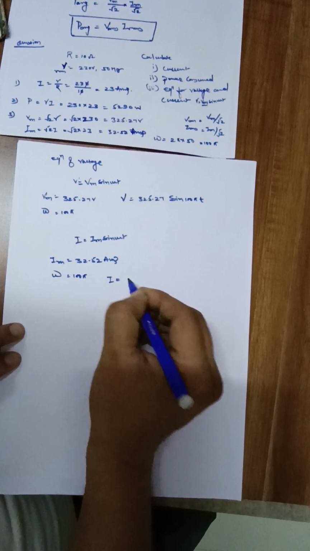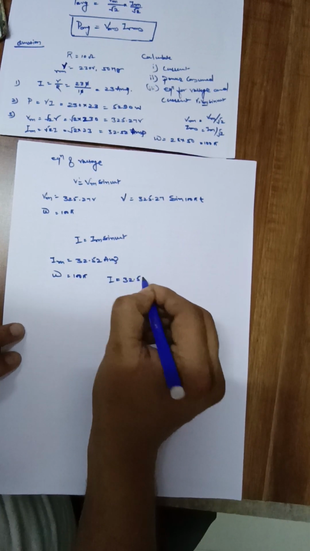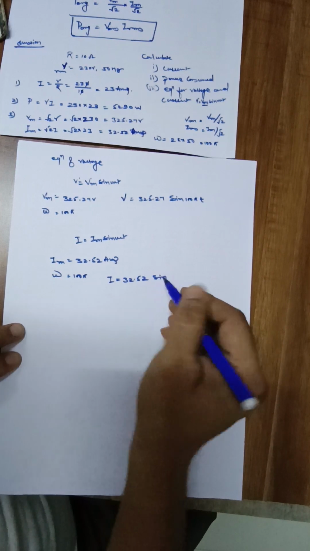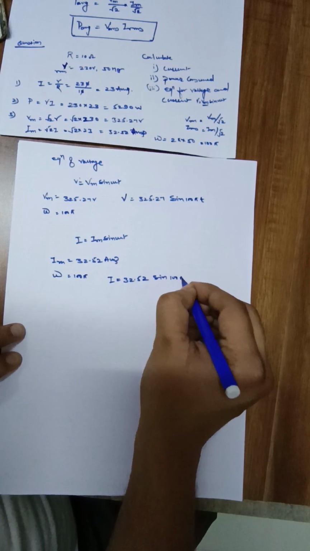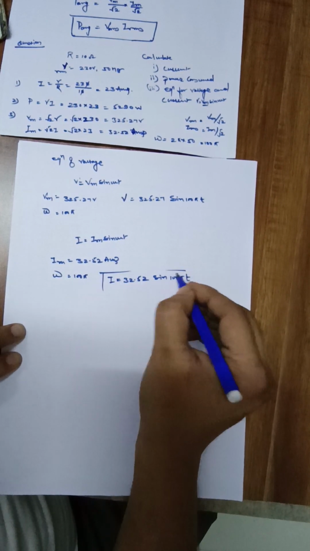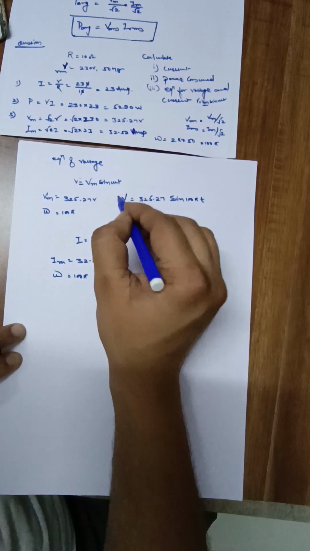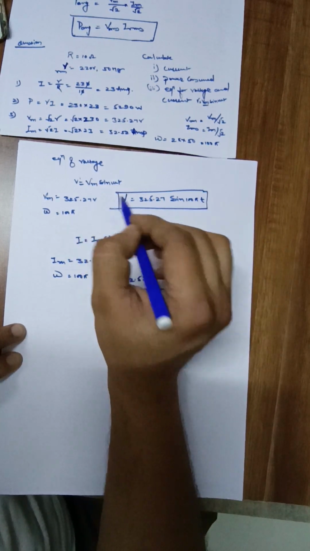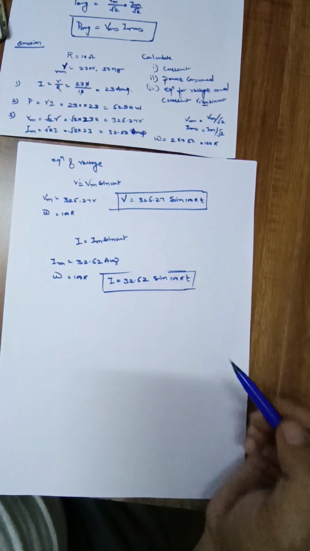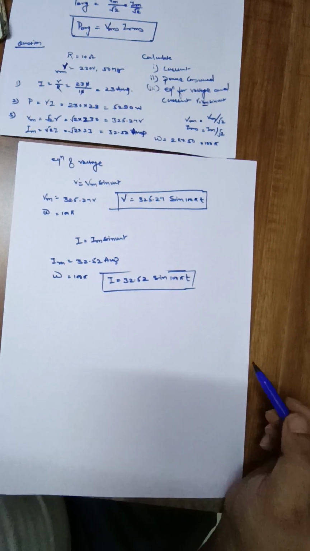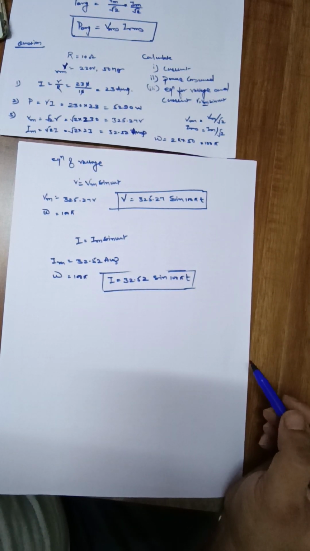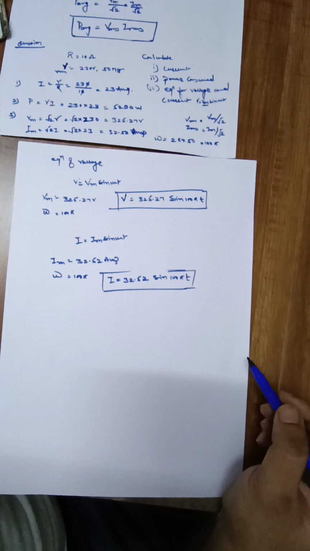So I will be equal to 32.52 sine 100 pi t. So this will be the equation of current and this will be the equation of voltage. Clear? So in this way we can solve for a circuit that is having only resistance.